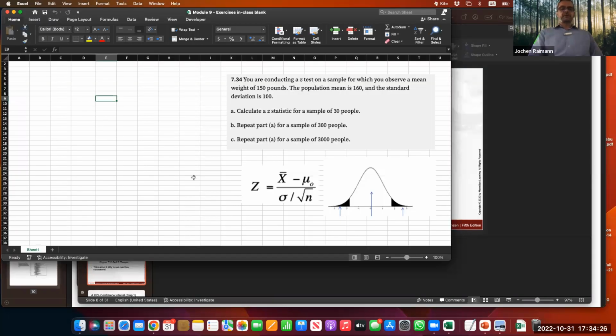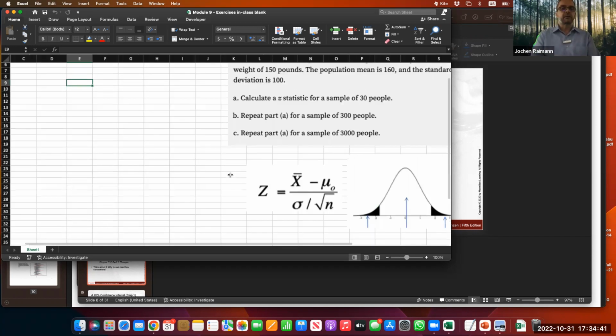So if you have here this example from last time, you remember, we have an X bar of 150, a population mean of 160, and the standard deviation is 100. We want to calculate based on that.